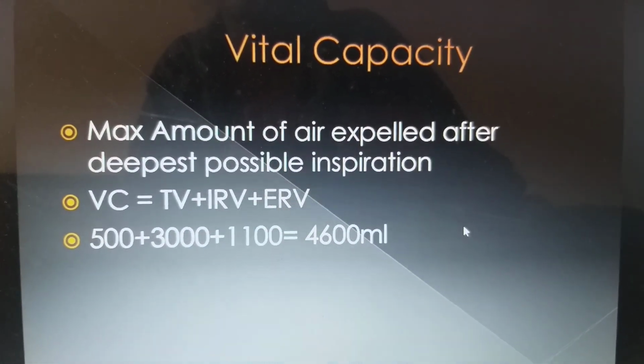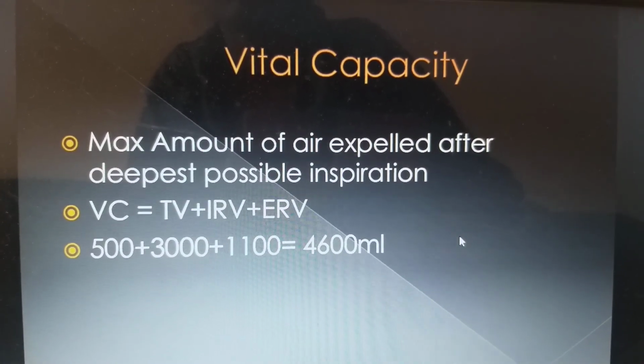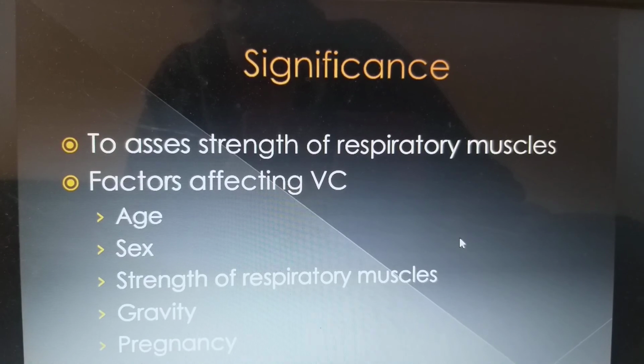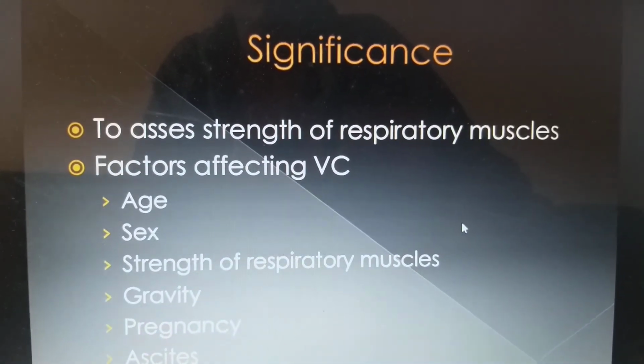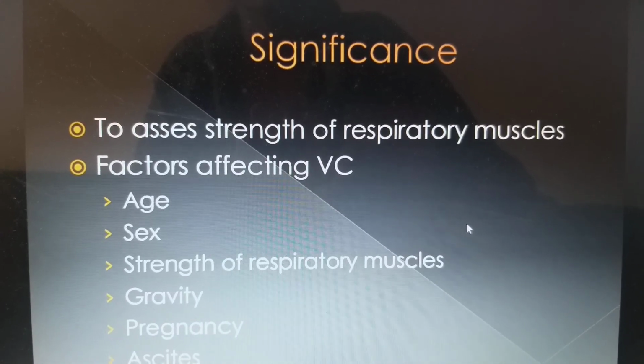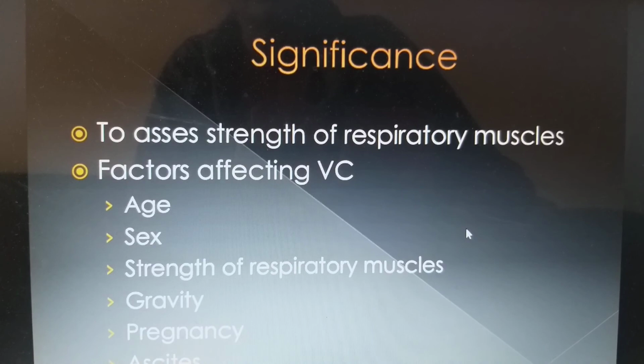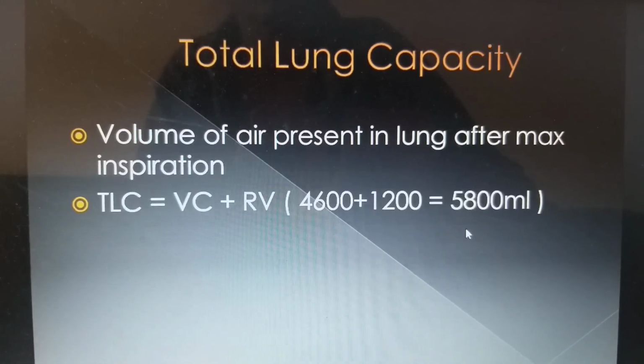This is the important capacity, covering tidal volume, inspiratory reserve and expiratory reserve volume. Significance: to assess the strength of respiratory muscles. Factors affecting the vital capacity are age, sex, strength of respiratory muscles, gravity, pregnancy, ascites, and pulmonary diseases.